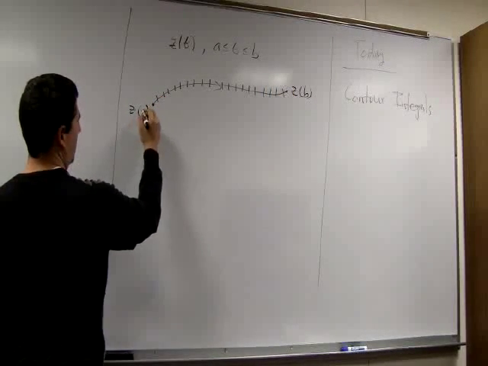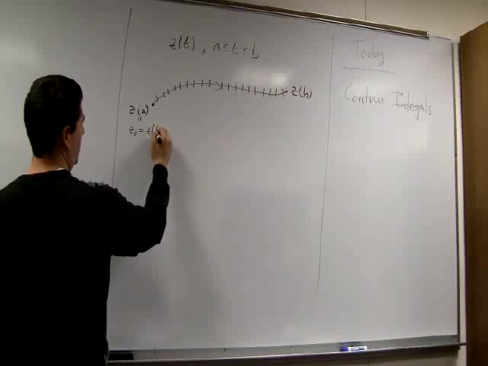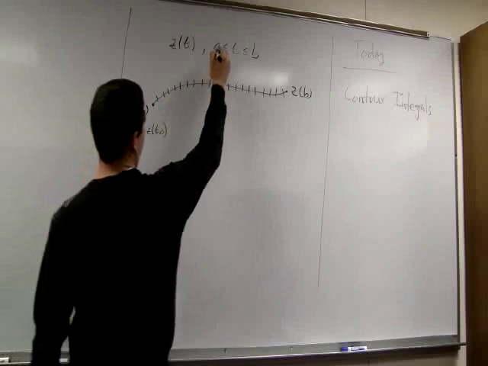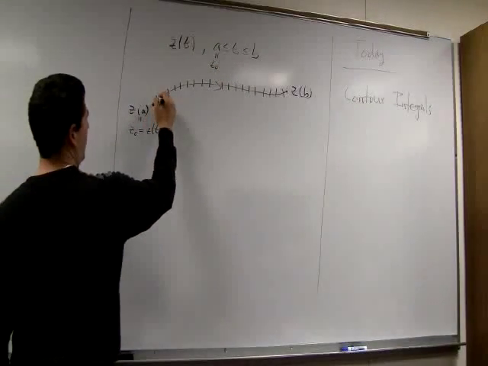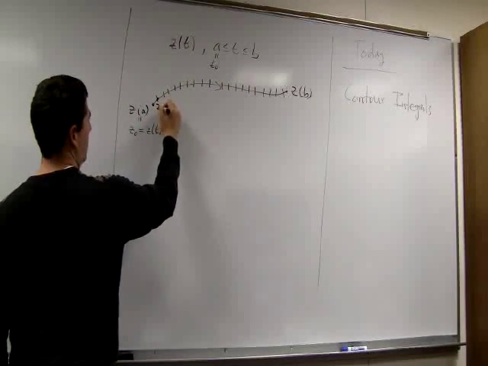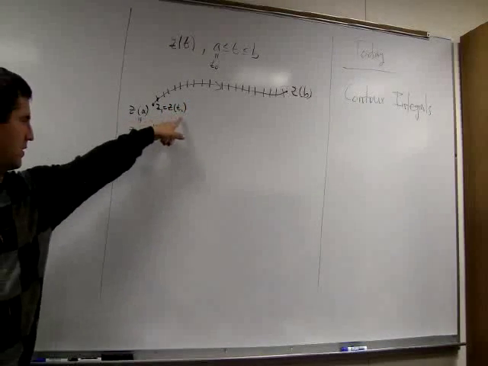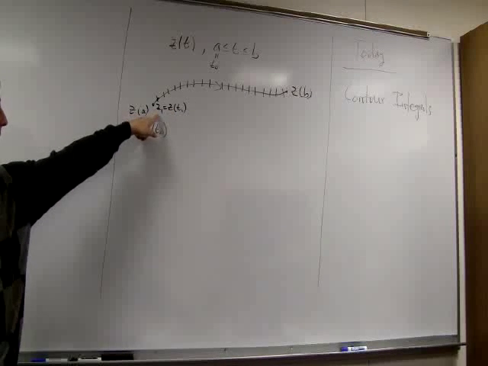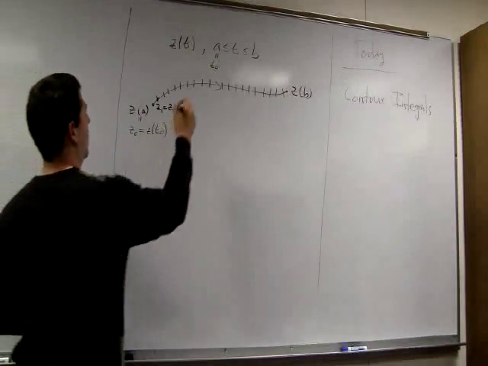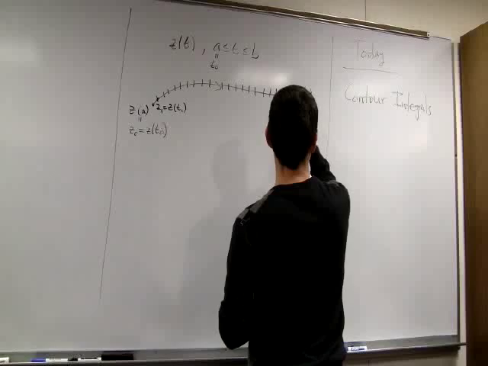So this, let me call z0. And what do I mean by z0? I really mean z of t0, where t0 is just a. And then this next point here will be z1. And when I say that, I really mean z of t1. So at time 1, that'll give me some point on this curve. And then over here I have z of b, and let me call that z sub n.